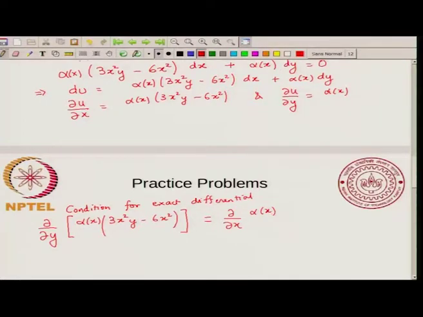Now, this is just d by dx of alpha x, and on this side I can take alpha x outside. So, I have alpha of x. Now, derivative with respect to y of this quantity will just give you 3x square, equal to d alpha of x by dx.